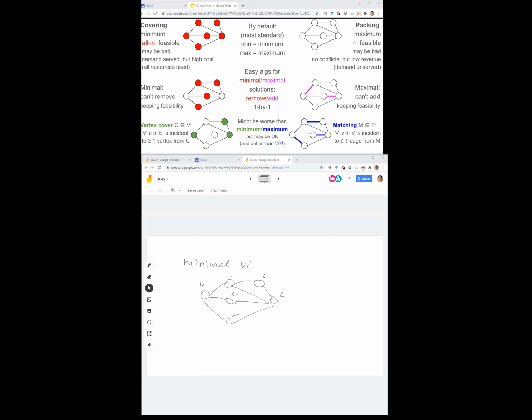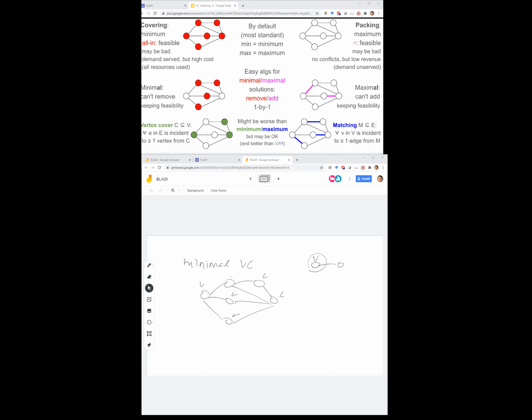But one reason for that is that if you remove only one vertex, then you cannot have any edge which is uncovered, because when we had all the vertices in the vertex cover, then every edge was covered from both sides, right? All the vertices were in the vertex cover. And if I removed one of the vertices from the vertex cover, this edge is still covered by its other side. So when I remove only a single vertex from the vertex cover, then I still have a vertex cover.